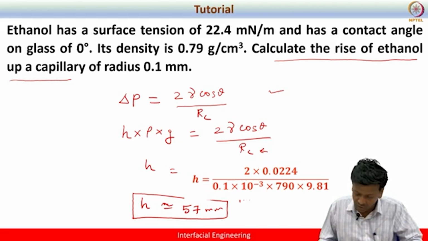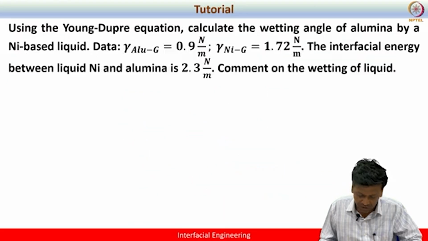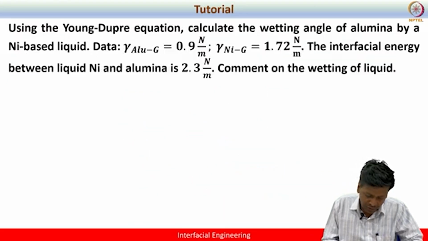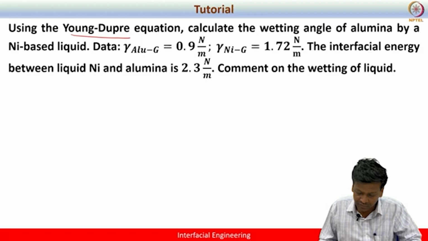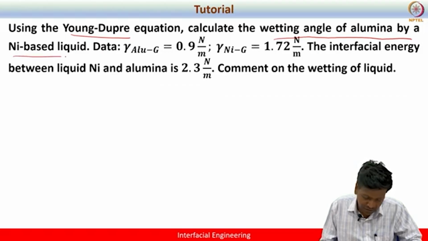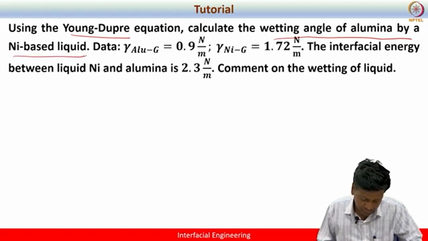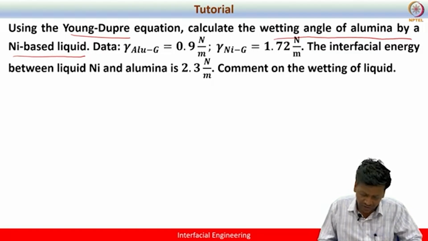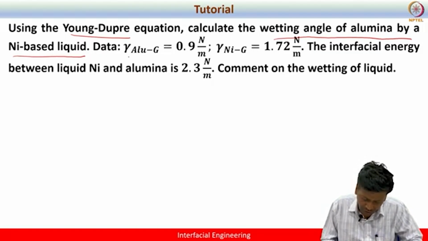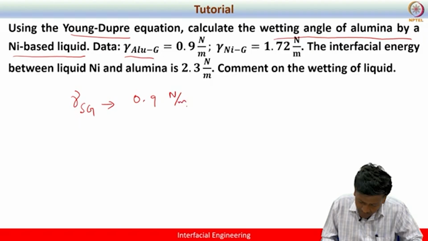So the next exercise is going to be using the Young-Dupre equation or Young's equation. Can we calculate the wetting angle of alumina by a nickel-based liquid? Some of the data is given already. So we know gamma Sg, which is given as 0.9 Newton per meter.